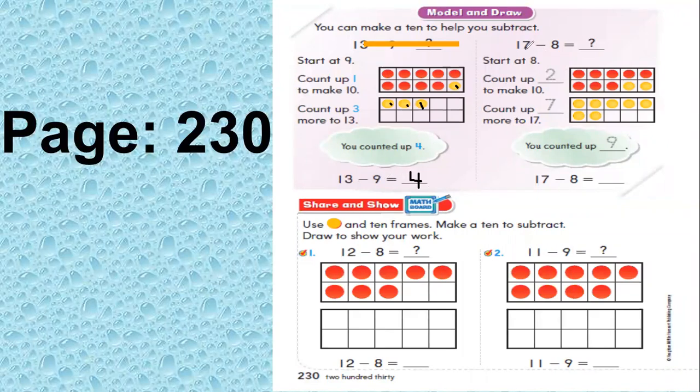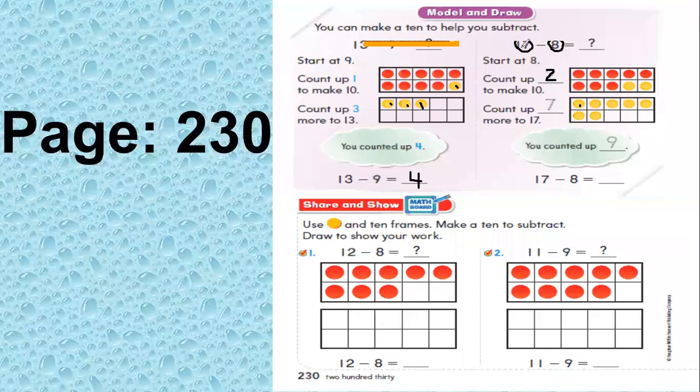Now one more we have, 17 minus 8. So we are going to take 8 and we are going to draw the 8 counters inside the 10 frame. And then we add 2 more to make it 10. 1, 2. So 8, 9, 10. Then this number is 17. So we are going to add 7 more. 1, 2, 3, 4, 5, 6, 7.